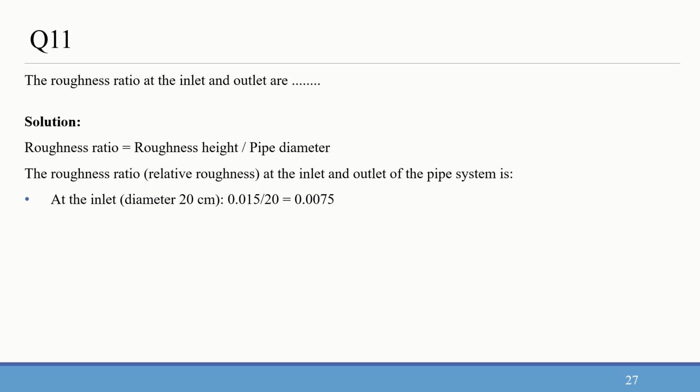At the inlet it is 0.015 centimeter divided by 20 centimeter. I am doing all the calculation in centimeter. So 0.015 divided by 20 is 7.5 into 10 power minus 4.